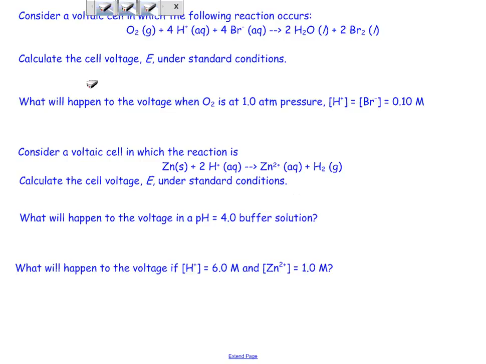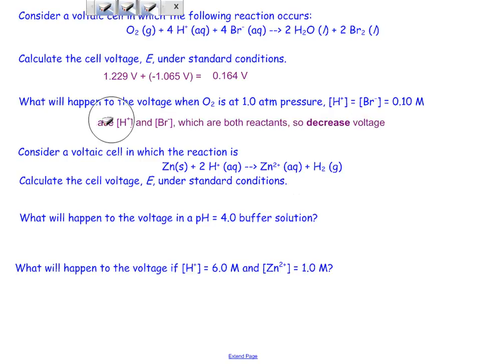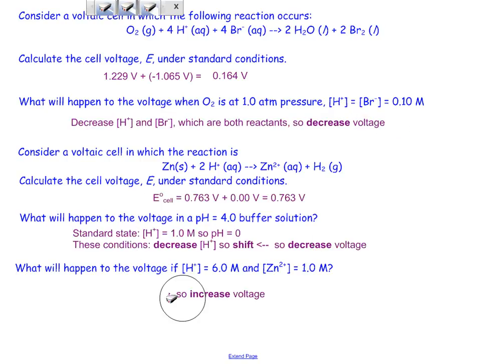Okay, let's take a look at these. It took a little while maybe to find the O2 plus 4H plus, but that's 1.229 volts. The bromine changing to bromide is 1.065, but we flipped it, so we have a net voltage of 0.164.